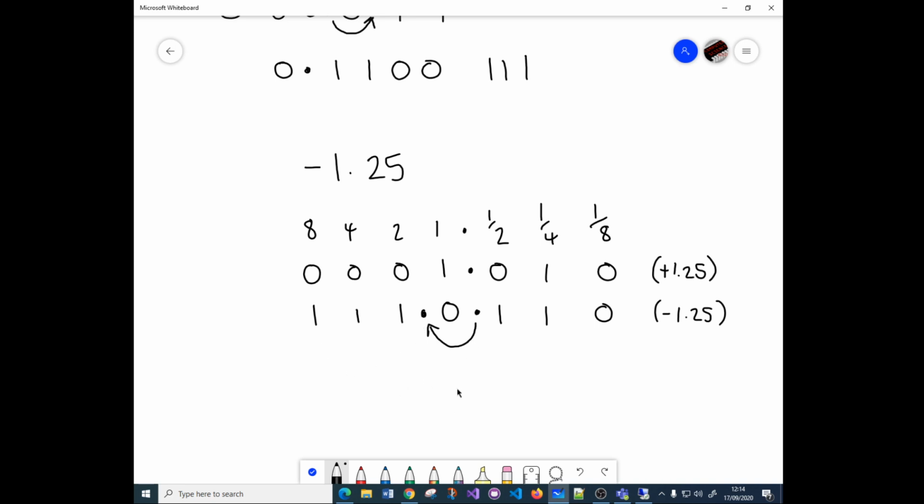Okay, so I'm going to write down my 5 mantissa bits. One sign bit, 0.0110. That's my mantissa.